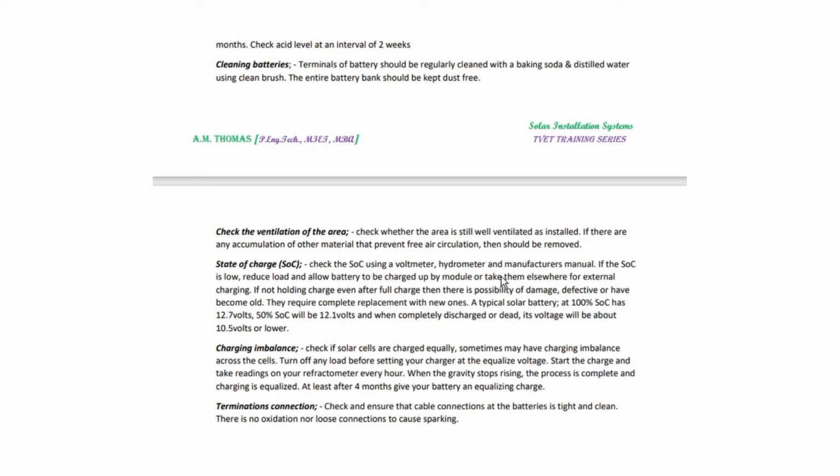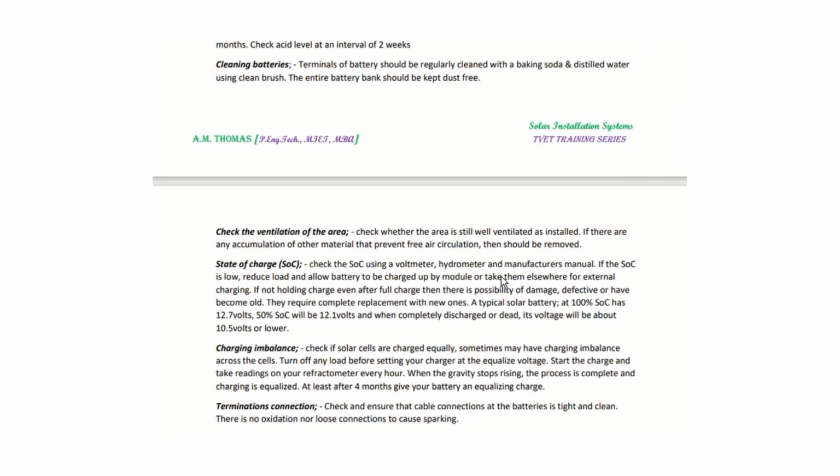Also, another thing you need to check when doing maintenance of batteries is the state of charge, using your voltmeter or hydrometer, and based on the manufacturer's manual. If it is low, reduce load and allow the battery to be fully charged.